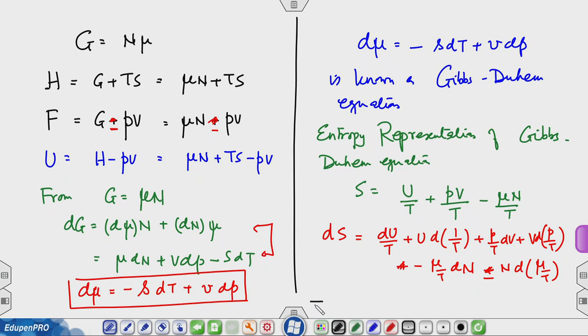This gives you the energy representation of the Gibbs-Duhem equation, which gives you d(mu over T) is equal to u, small u, d(1 over T) plus v d(P over T).